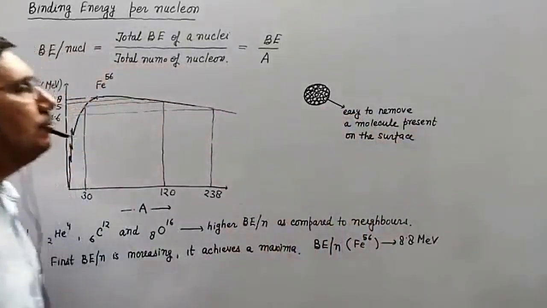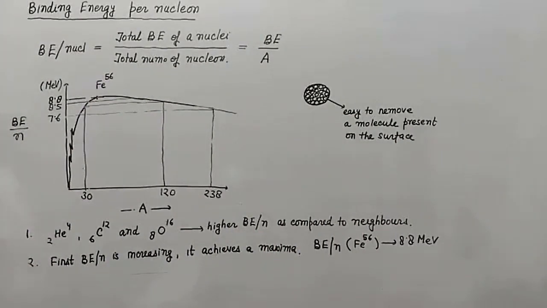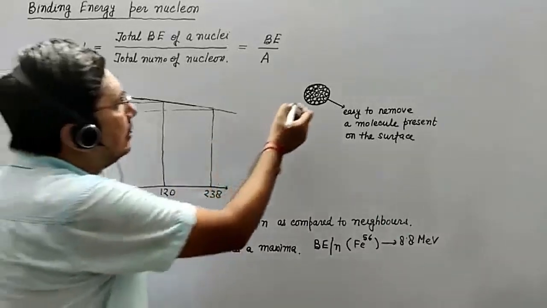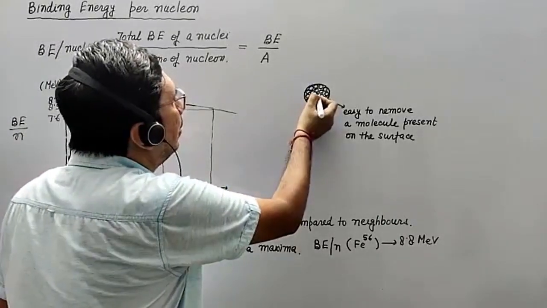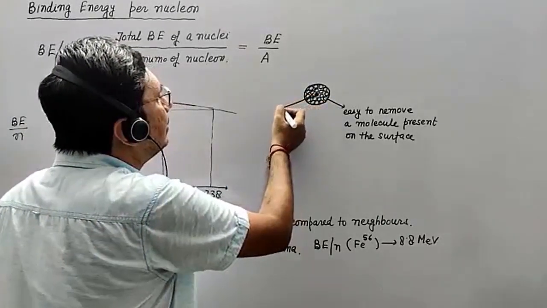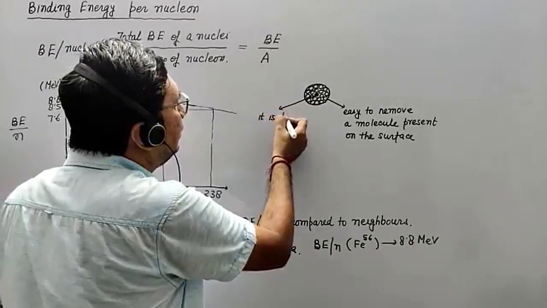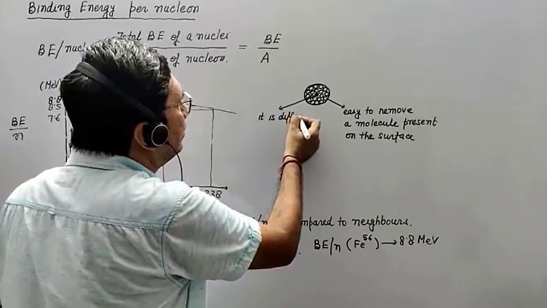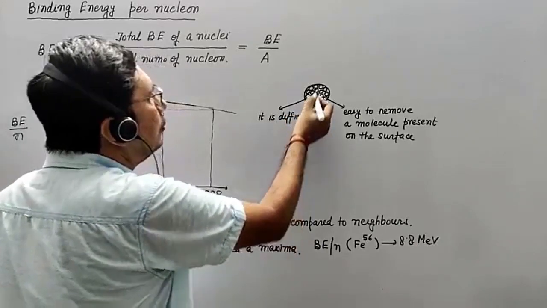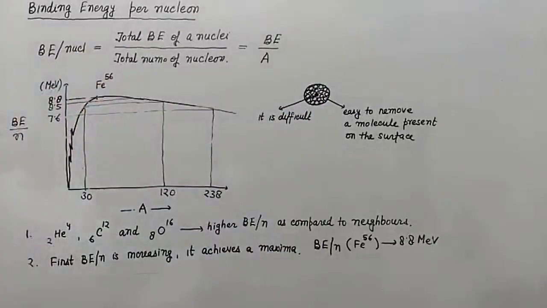It means if we want to remove a molecule present on the surface, we have to provide a lesser amount of energy, while it is difficult to remove a molecule which is present well inside.